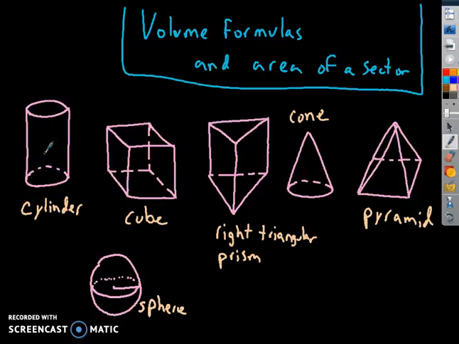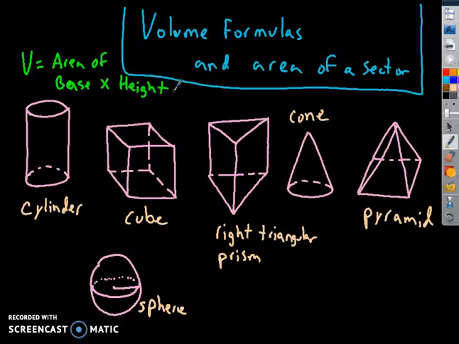All right, the first shape is a cylinder. This is a cube. This is a right triangular prism. This is a cone, a pyramid, and a sphere. The volume formula for these first three are all basically the same. The volume is equal to the area of the base times height.